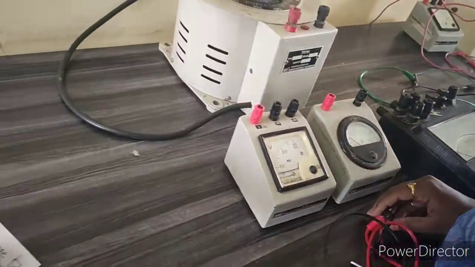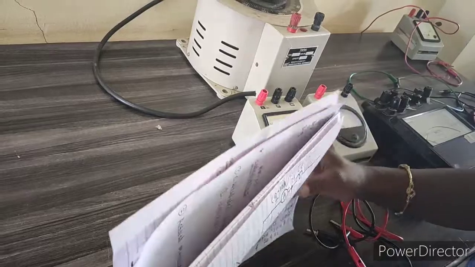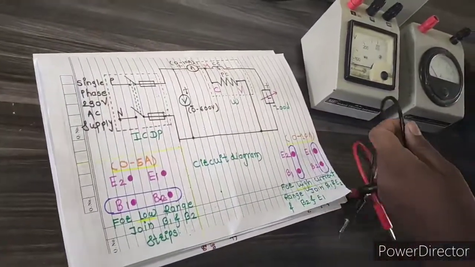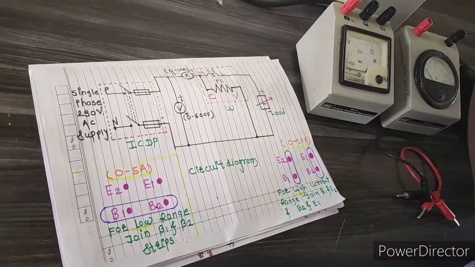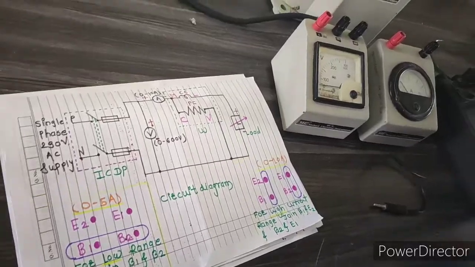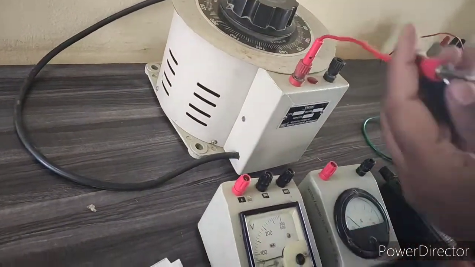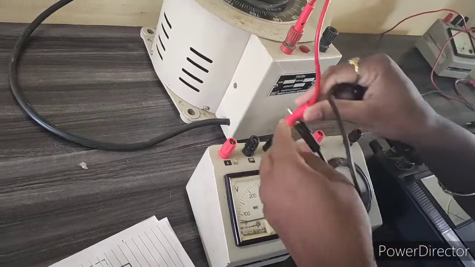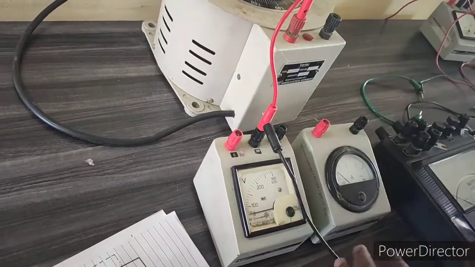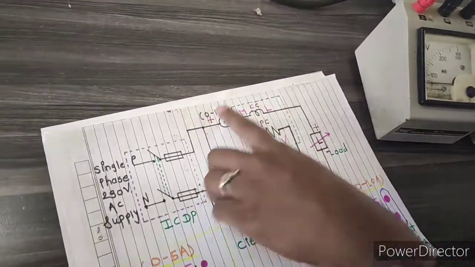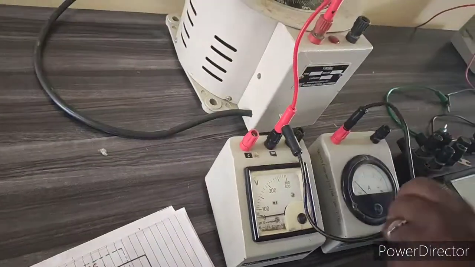So as per the circuit diagram, from the P terminal, positive terminal of the auto transformer, I am connecting the voltmeter positive. From the voltmeter positive, again I am taking the ammeter positive.